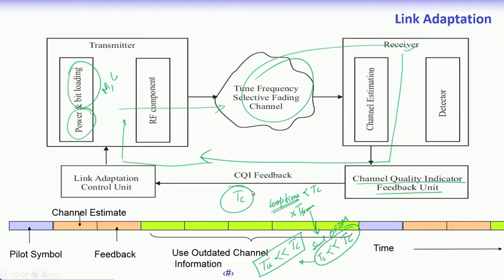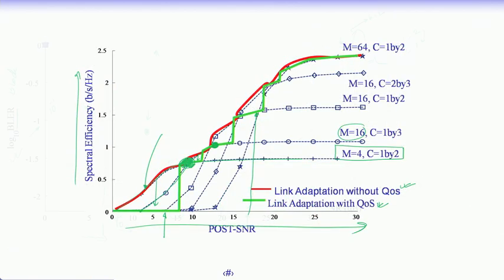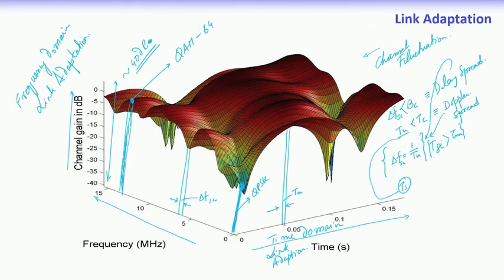We had been talking about the link adaptation procedure in OFDM, and we had explained how the channel fluctuations are utilized. I will briefly talk about it: the signal strength fluctuates in all directions, in time as well as in frequency.